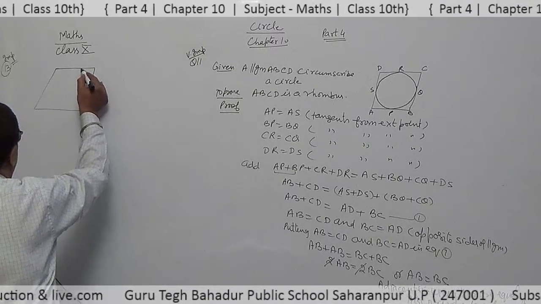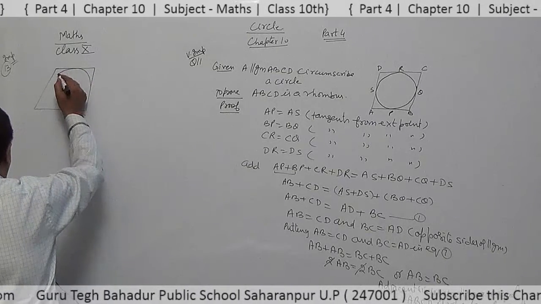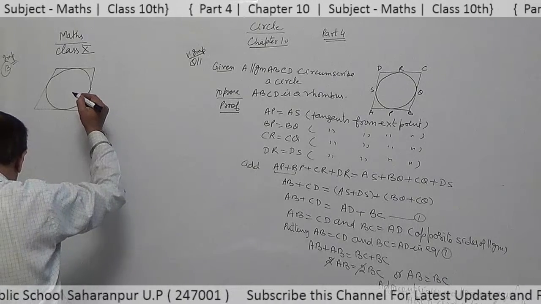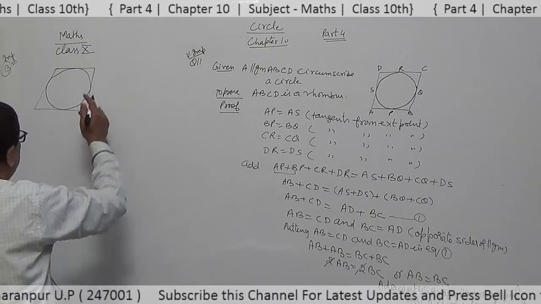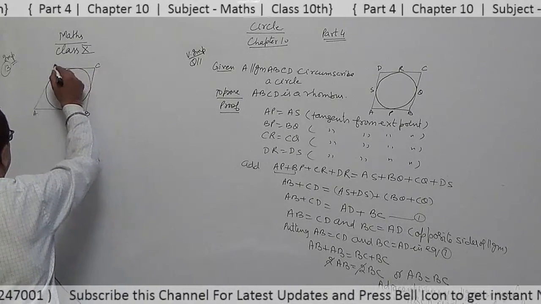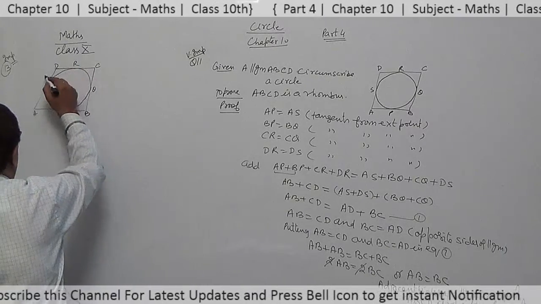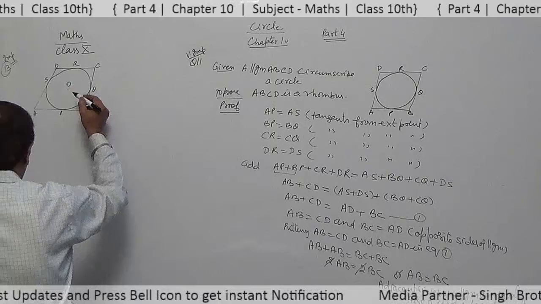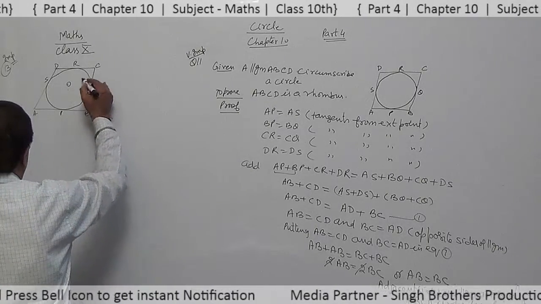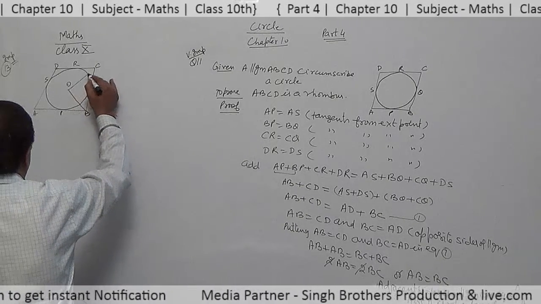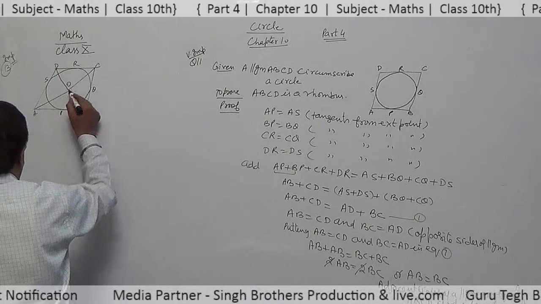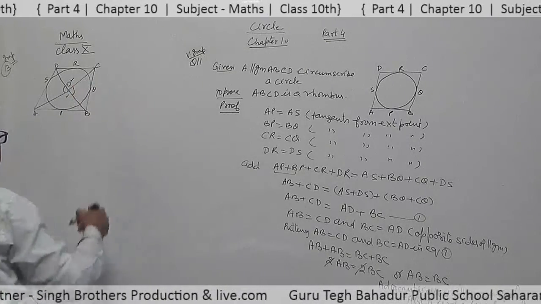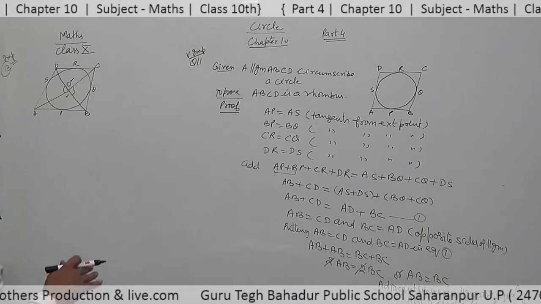It circumscribes a circle, touching at P, Q, R and S. This is the center O. You have to show that angle AOD plus BOC is 180 and angle AOB plus COD is also 180.